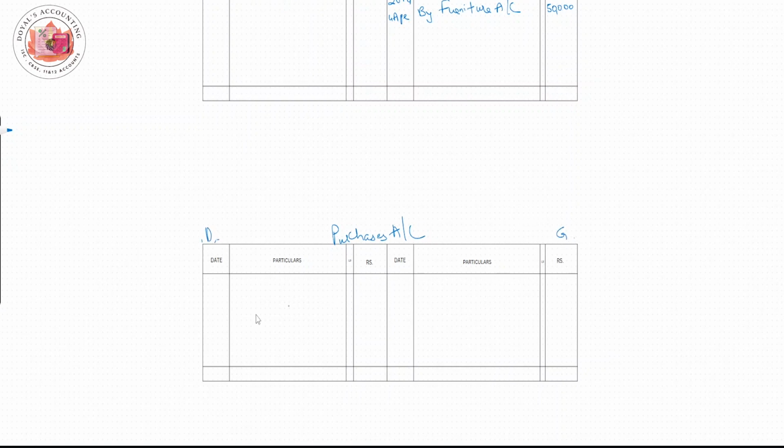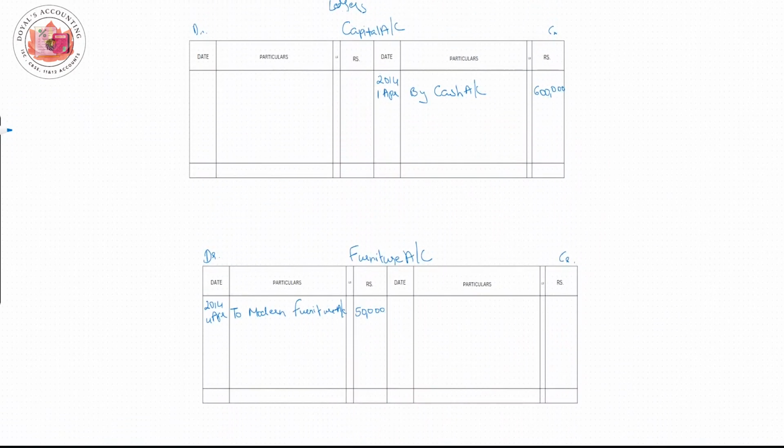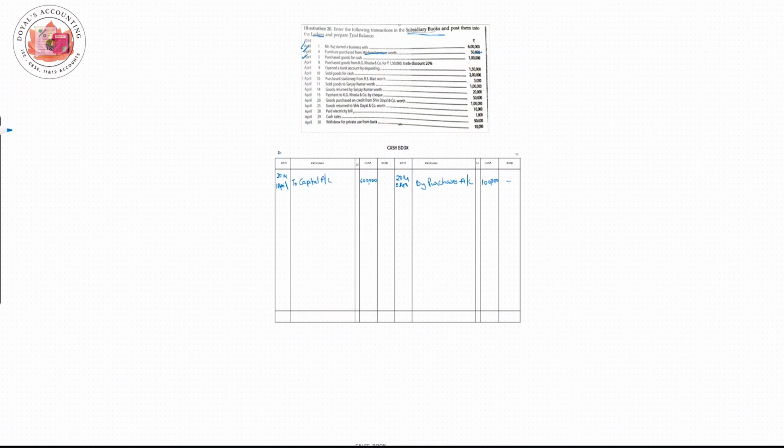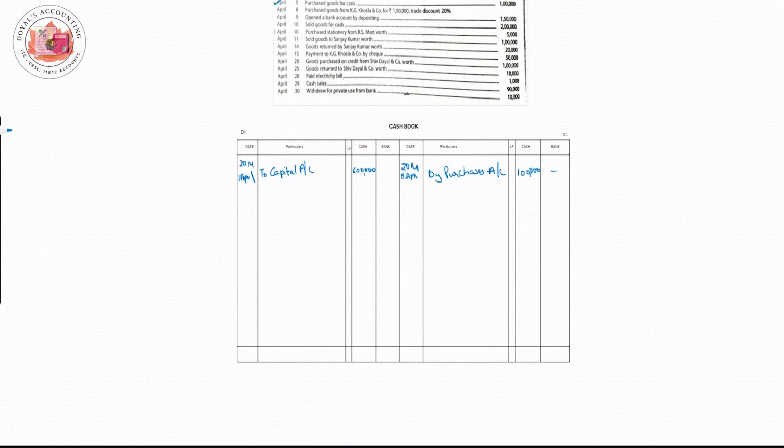Purchases account debit to cash. 2014, to cash account, 1 lakh. You can also use this tip: make all your pro formas quickly and then record both aspects of the transaction in both the books. This improves your accuracy as well as your speed in the exam.